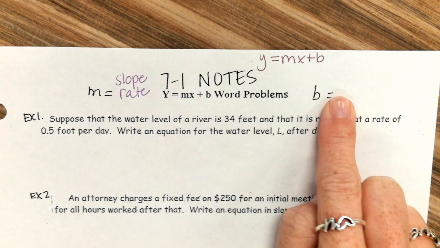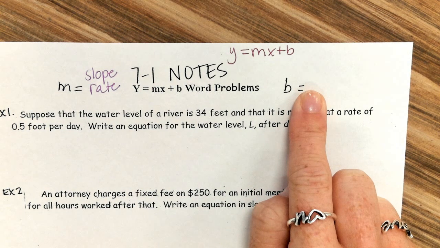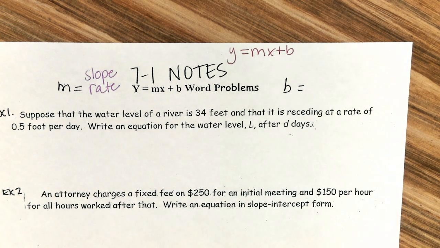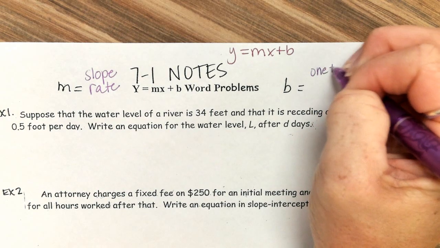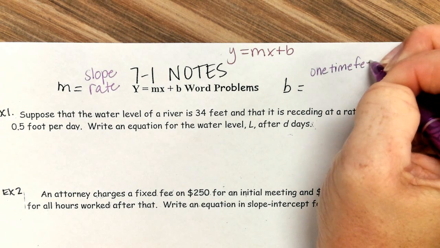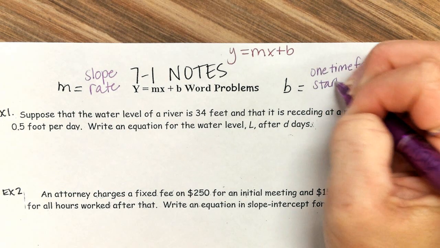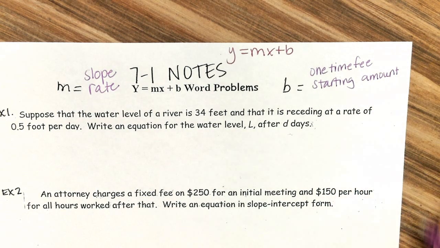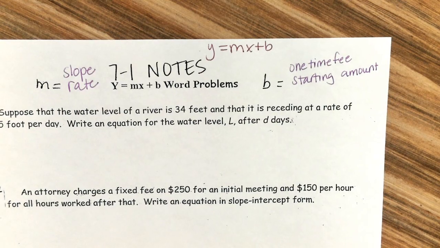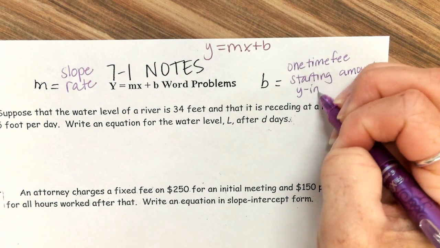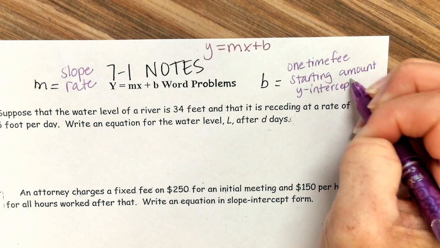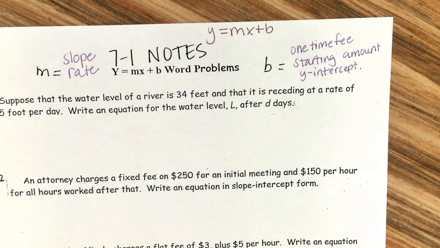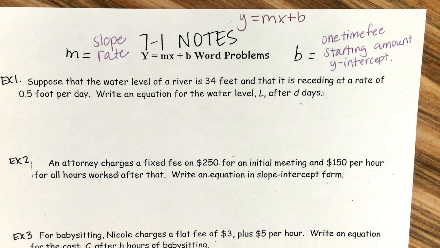What is the b? The one-time fee, or the starting amount. And on a graph, it is the y-intercept.